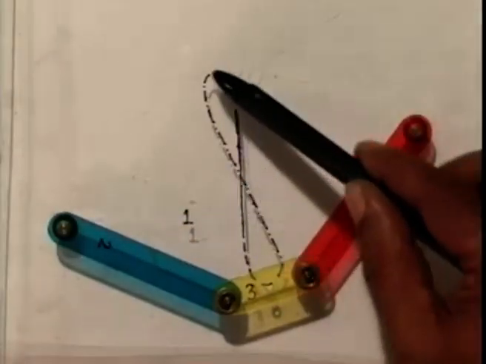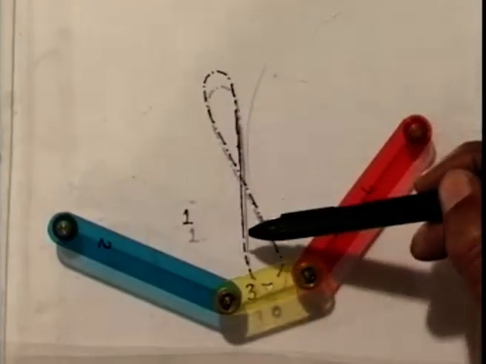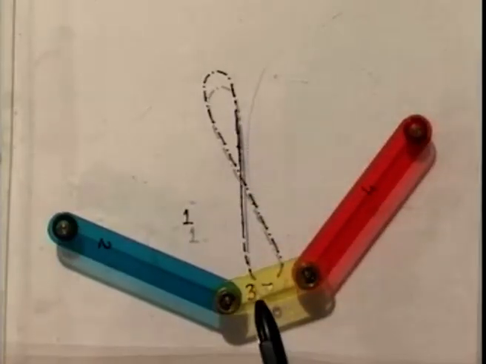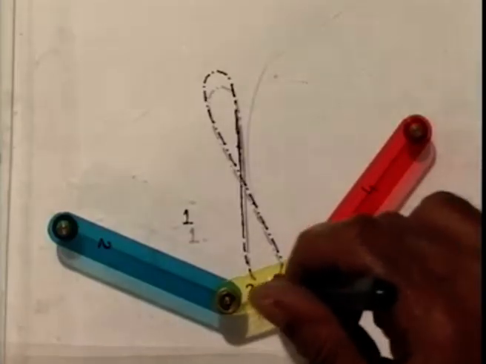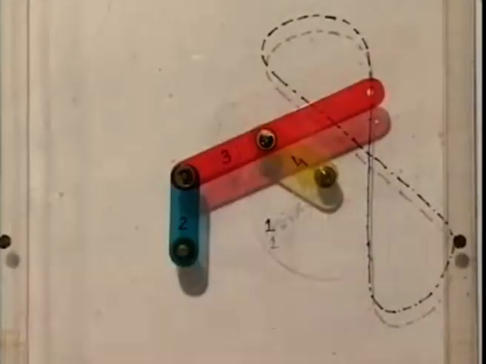This is the figure of 8 that is being generated, and from here to there, this portion is a very good approximation of a straight line. This is the Watt's approximate straight line mechanism, which, as I said earlier, James Watt used this particular point to guide the piston within the cylinder.